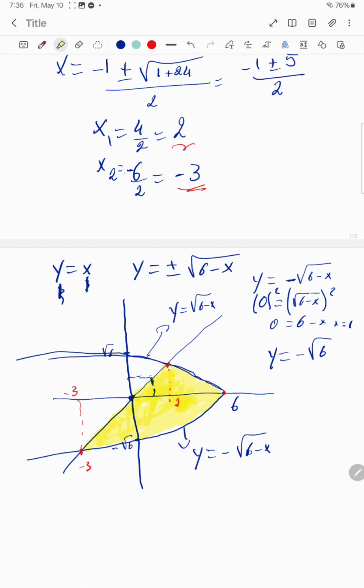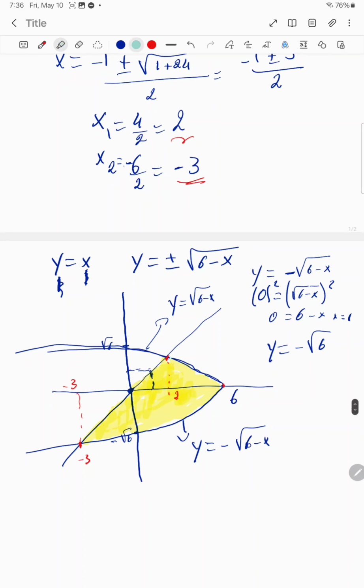So now I can divide it into two parts. I see between minus 3 and minus 2, between this point and minus 2, the blue part of it.